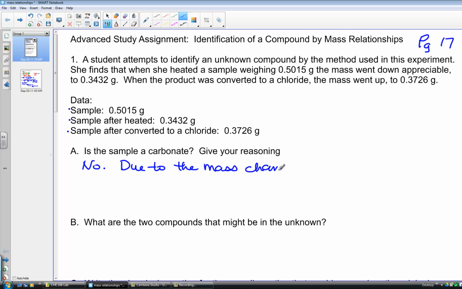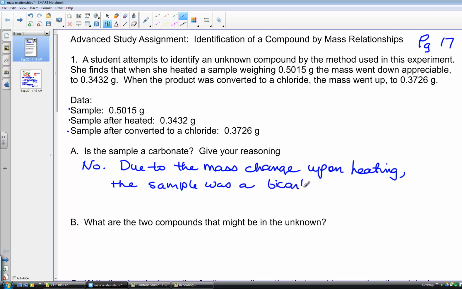Due to the mass change upon heating, the sample must have been a bicarbonate or hydrogen carbonate, whatever you prefer, but it's not strictly a carbonate, it's a bicarbonate. So HCO3 negative is now the last name.